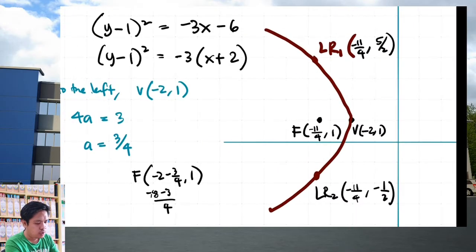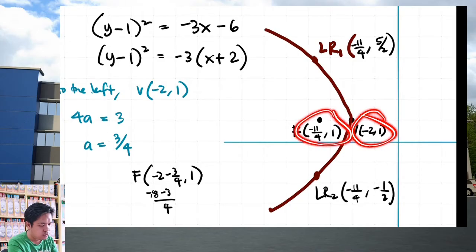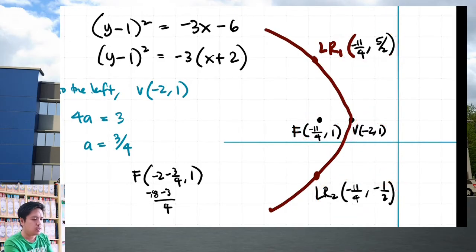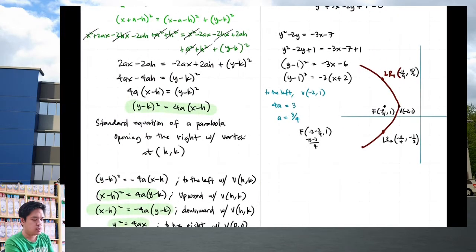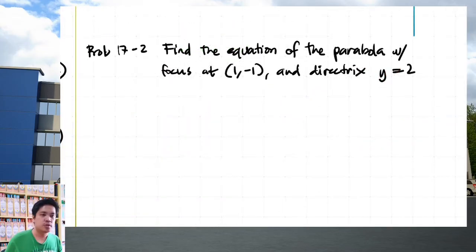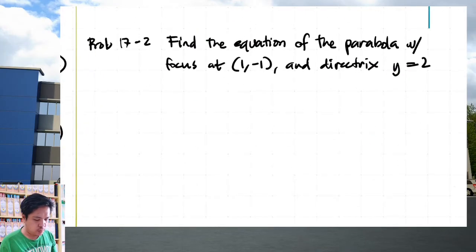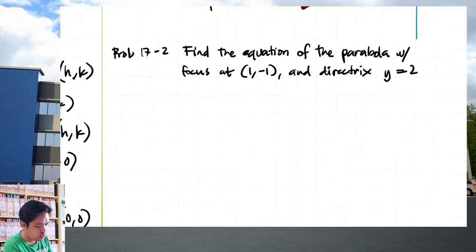So, here are our answers. The vertex, the focus, and the ends of the latus rectum. So, that's our answer. Let's now proceed to the next problem, problem 17-2. Find the equation of the parabola with focus at 1, negative 1 and directrix y equals 2.